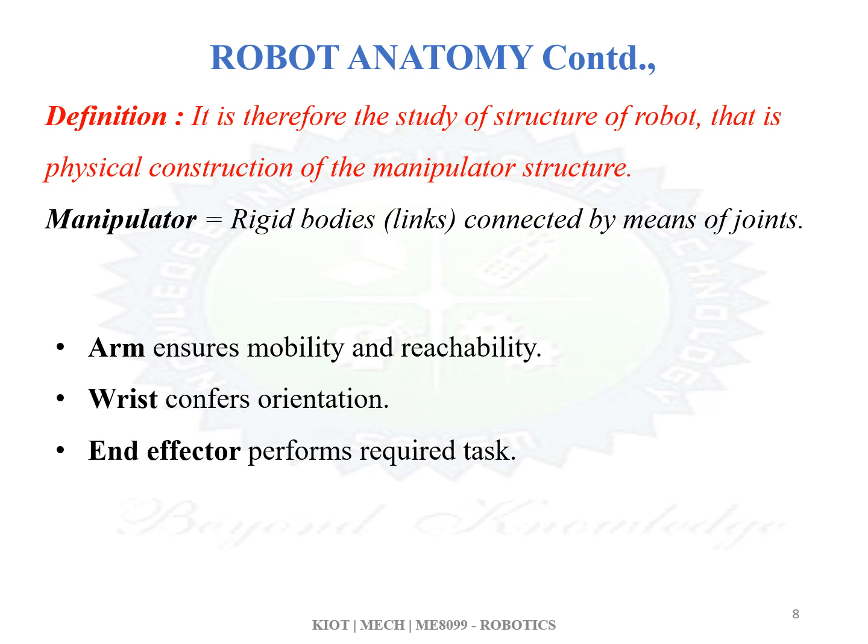What these 3 parts are doing: first one, the arm ensures mobility and reachability, which means up to which region the robot has to perform its operation. The arm ensures the reachability and also the mobility of the desired component. Second one, the wrist confers orientation.